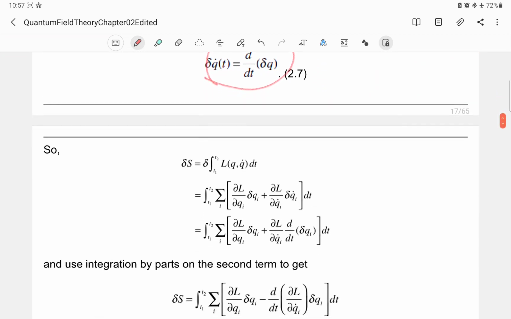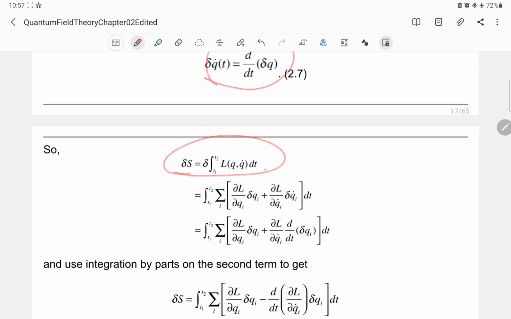So with this, the change in the action is just the change of this integral.